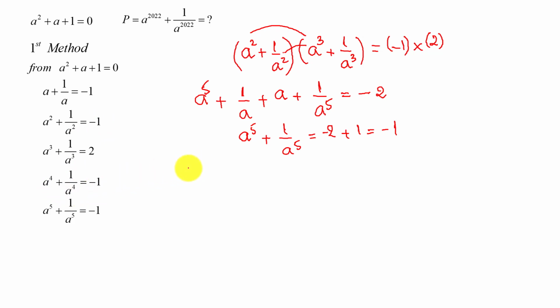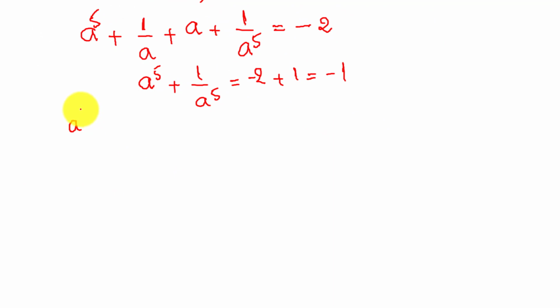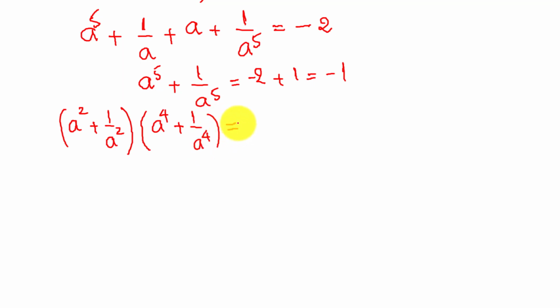So I get a² + 1/a² multiplied by a⁴ + 1/a⁴ equals this.